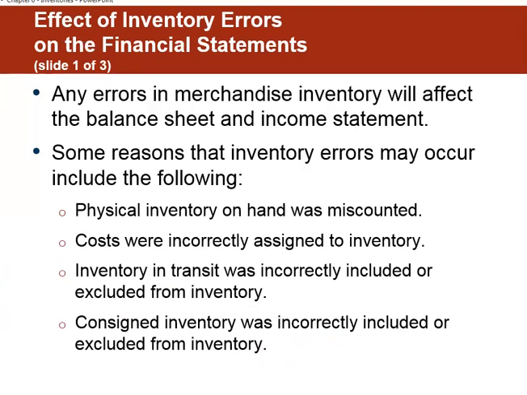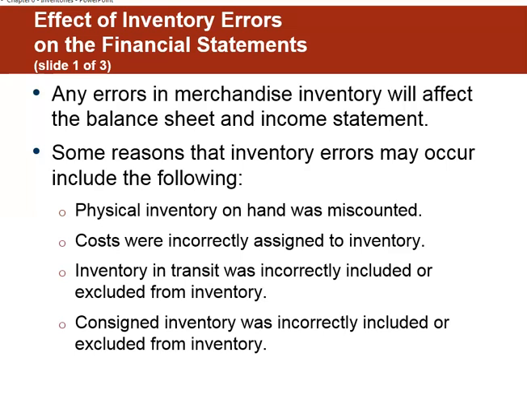Now we also want to talk about, in this discussion of inventory, the impact of errors. Remember, we said no matter what, whether we're using a periodic inventory system or a perpetual inventory system, we have to make a physical inventory count at year end to reconcile and figure out what the true statement is as it pertains to inventory.